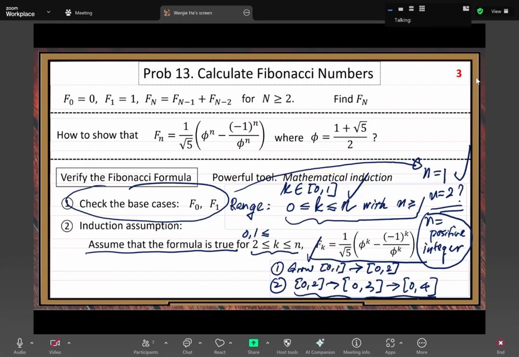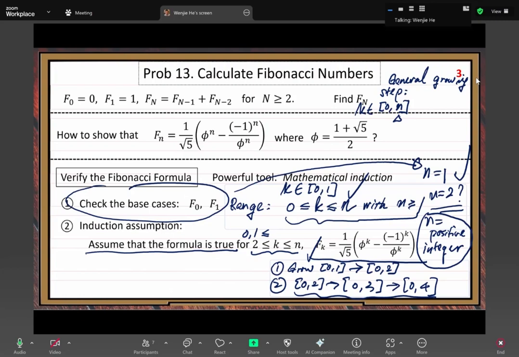Now, I talk about the general growing step. How general? The general is like this. Suppose currently we show this induction assumption is true for k in this range. Here I do not use a specific number, I use some n number.